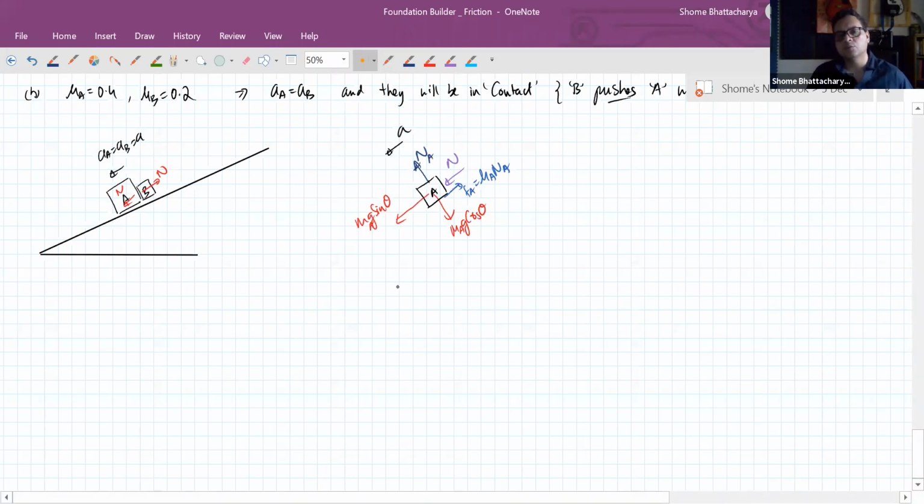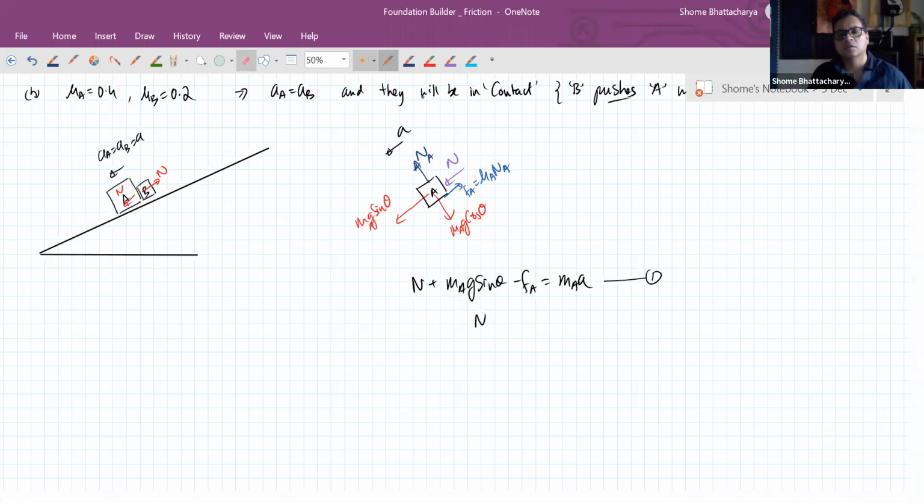Okay. So for the block A, the equations are becoming N plus mg sin theta minus friction is equal to mass into acceleration. And the normal reaction due to the floor on A, or due to the inclined plane, that one is NA.